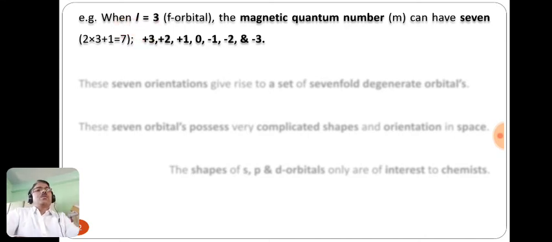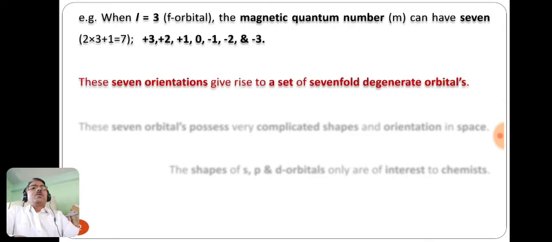It is known as the f orbital. There are 7 f orbitals, and their shapes are much more complicated as compared to d orbitals. So there are 7 orientations. These 7 orientations give rise to a set of 7-fold degenerate orbitals when the external magnetic field is absent.